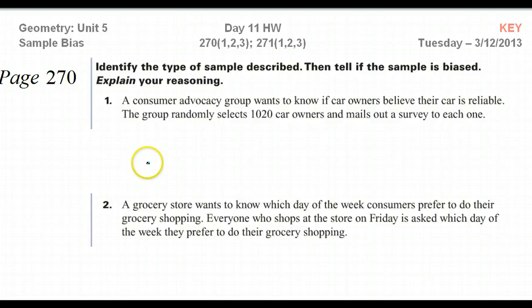Hi there. Well, this is part 2 of our day 11 lesson about sample bias as we continue through our statistics unit. In part 1, I gave a detailed explanation of the 4 methods of collecting sample data, and I talked about what bias meant and all that kind of stuff.